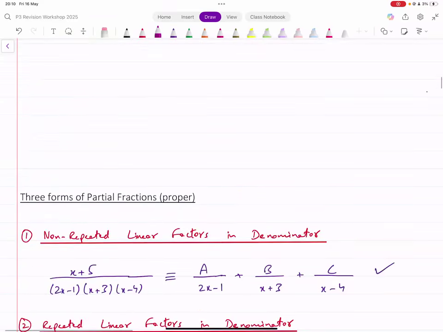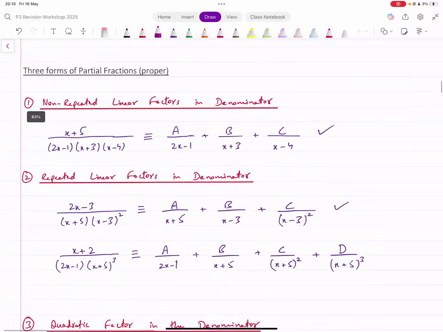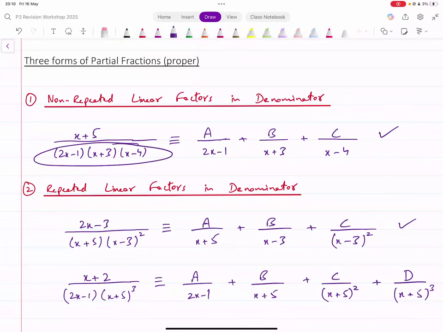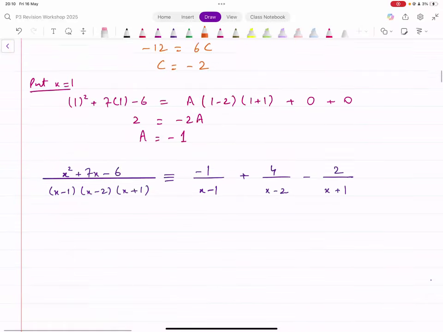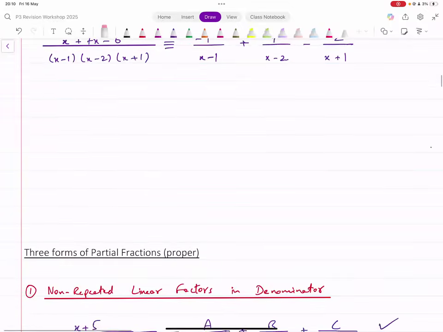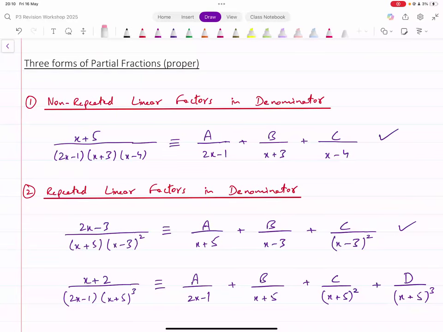Okay. The three different forms that you would have for partial fractions. The example that I showed you earlier, they were ones in which the denominators were all linear factors, right? They were all linear factors, this, and this. When you have a fraction like this, in which the denominator is two or three different linear factors, or whatever number of different linear factors, the partial fractions form that we get for that is this.